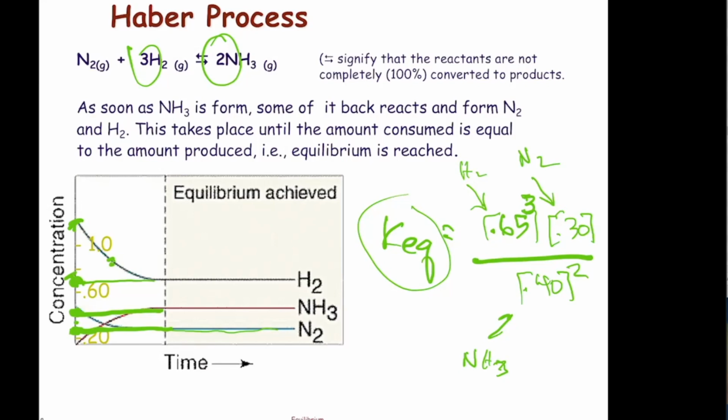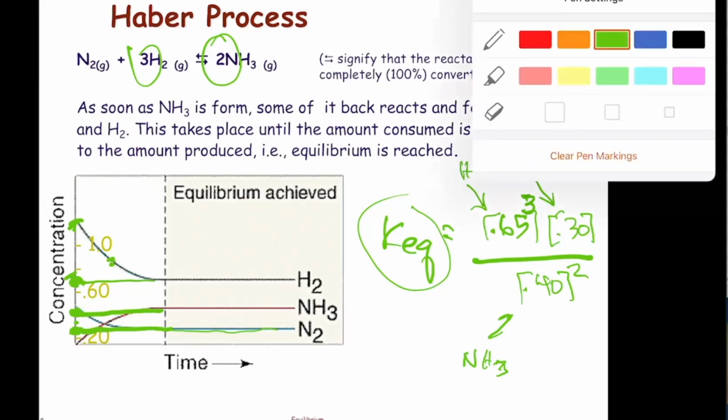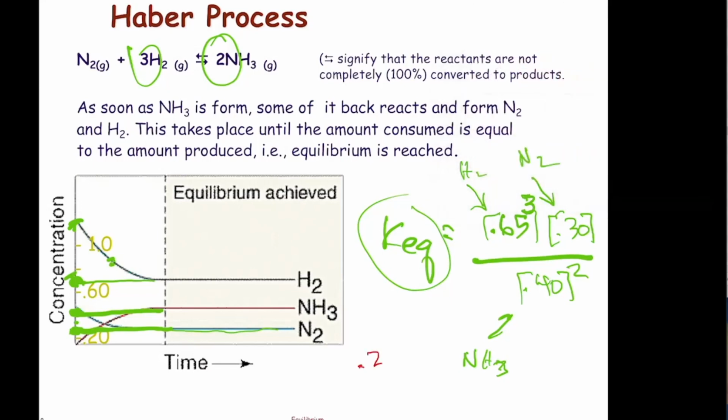So 0.65 cubed is 0.274. That's 0.65 cubed times 0.3, divided by 0.4 squared. 0.4 squared is 0.16.